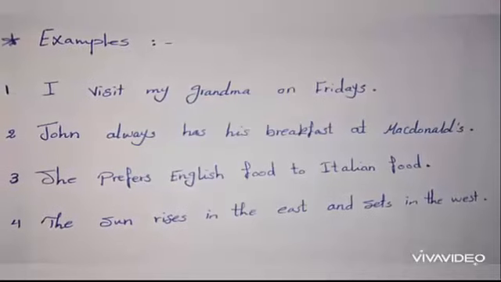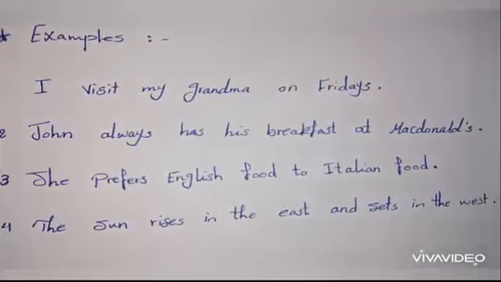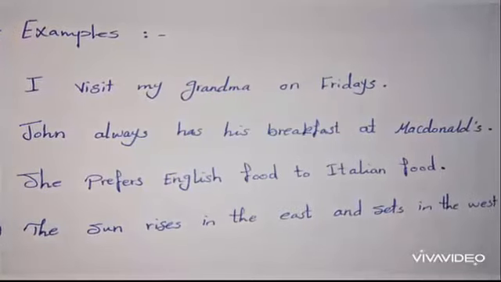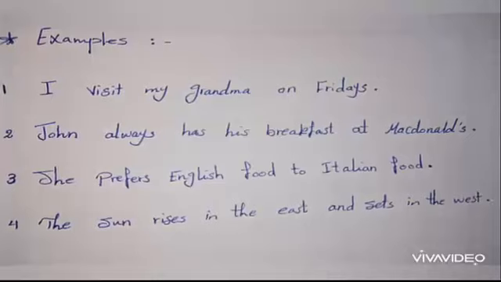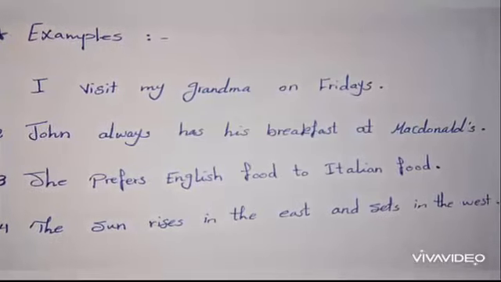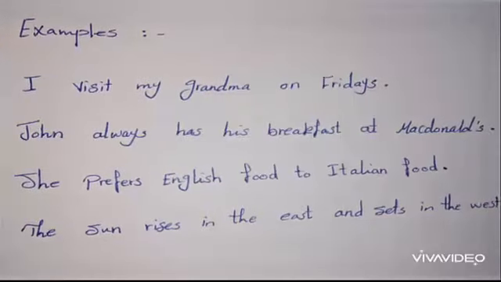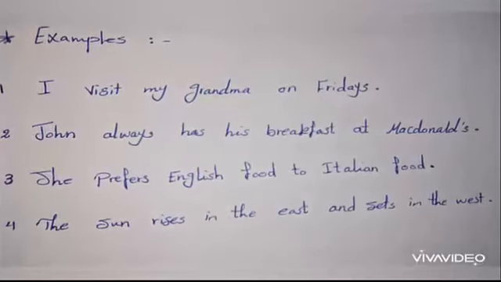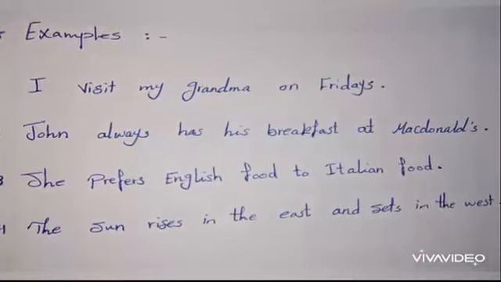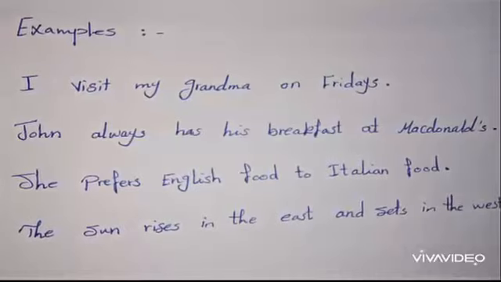Let's have some examples about facts and habits. Listen carefully. I visit my grandma on Fridays. It's a habit. You always do this action every Friday. You visit your grandma. John always has his breakfast or dinner at McDonald's.